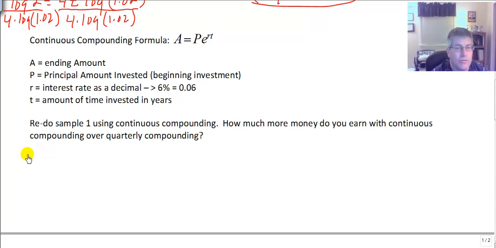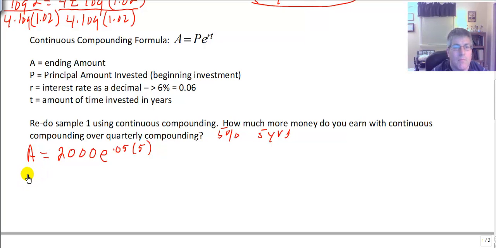We invested $2,000 at the beginning. We want to find our ending amount. So our principal is $2,000, times e to the r, and our interest rate was 0.05, and t is 5 years. So 5%, 5 years, but now compounded continuously.